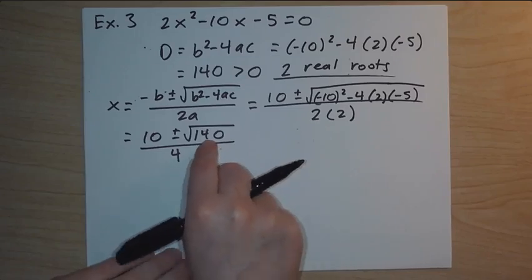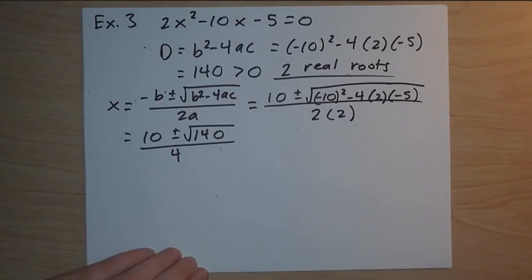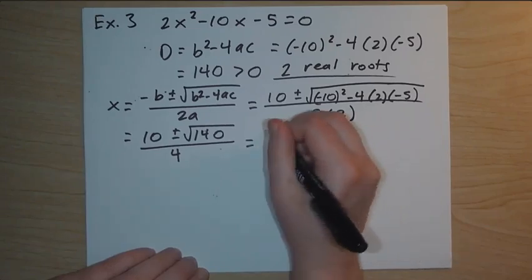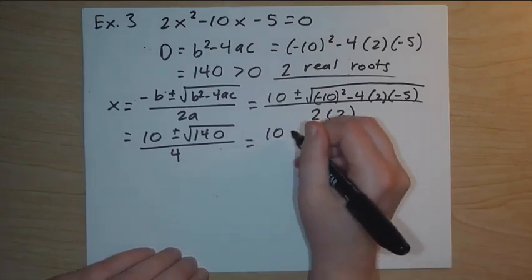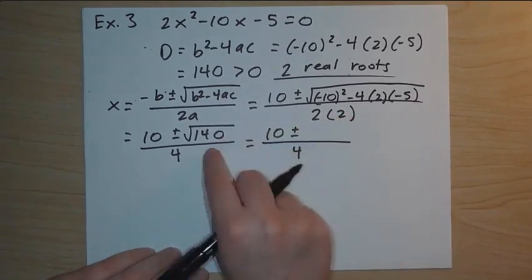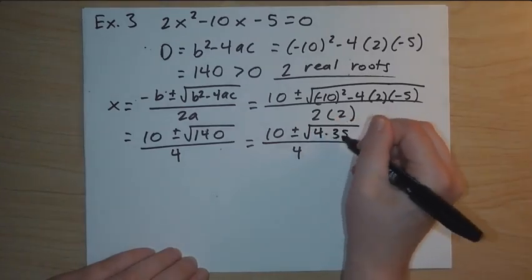Now we want to simplify this square root a little bit. If you break 140 down into its prime factors, you'll find that the only perfect square that you can get out of it is 2 squared, which is 4. If you divide 140 by 4, you get 35, so 140 is the same thing as 4 times 35.